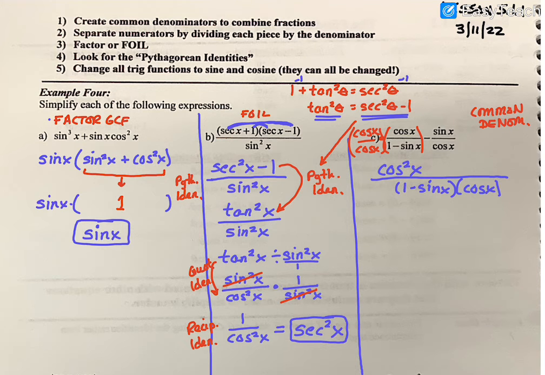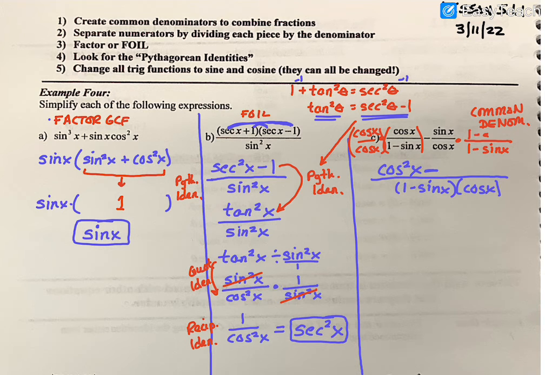My fractions are being subtracted, so I'm going to carry down the subtraction sign. And we're going to repeat the process with the second fraction. My second fraction has a denominator of cosine x. What part of the common denominator is it missing? It's missing 1 minus sine x.